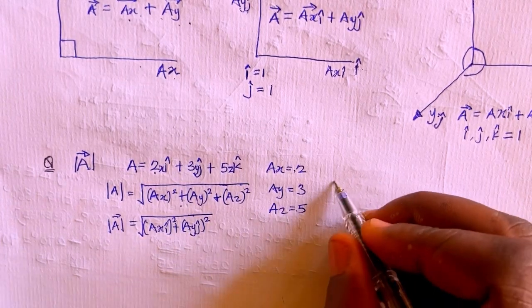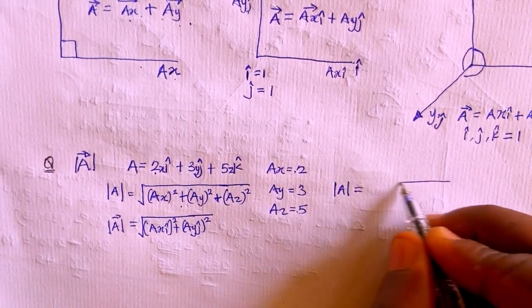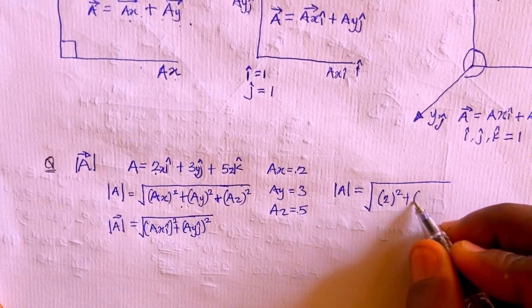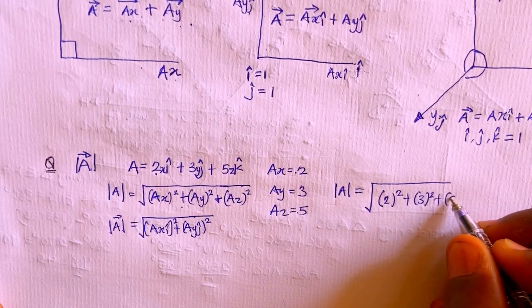So the magnitude of vector A in this case is the root of 2 squared plus 3 squared plus 5 squared, right?